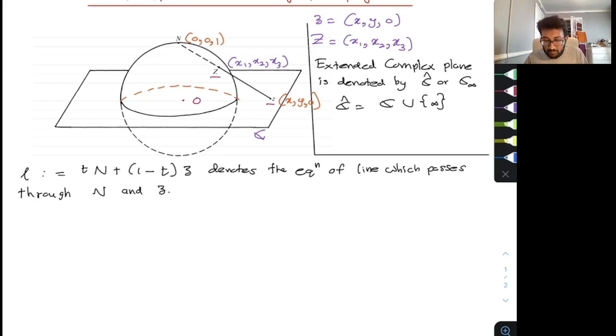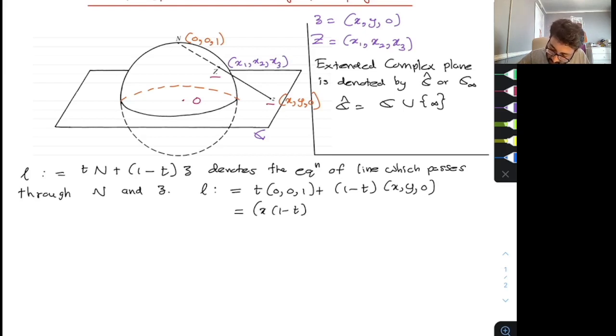If you put t equals 1, then you are at the north pole, and if you put t equals 0, then you are at the point z, right? So in other words, L is equal to t(0, 0, 1) plus (1 minus t)(x, y, 0), and if I simplify this, I'll have (x(1 minus t), y(1 minus t), t).